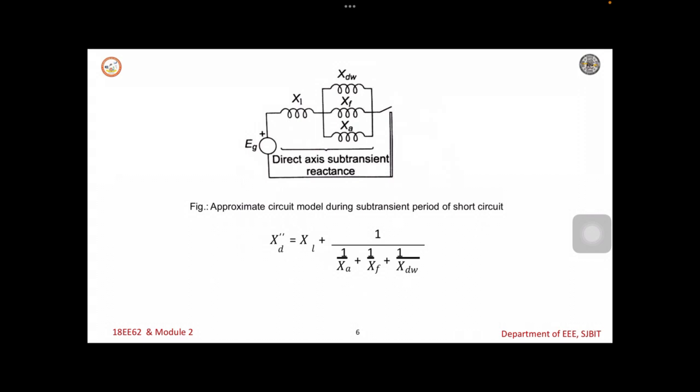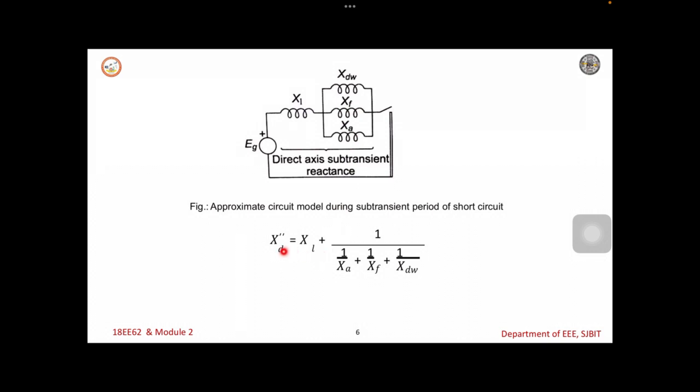This effect can be represented by having two reactances in parallel with the XA. That means, in the subtransient condition, along with XA plus XL, it has two reactances, the damper winding as well as the field. These two will contribute. Because of the short circuit they come in parallel, so the overall reactance reduces.